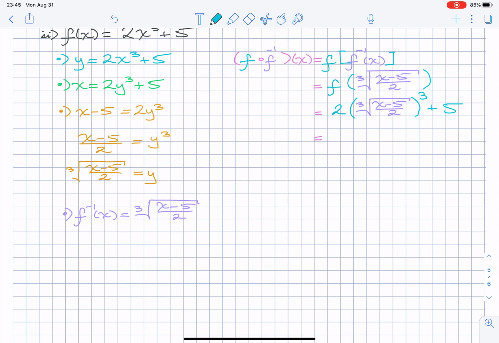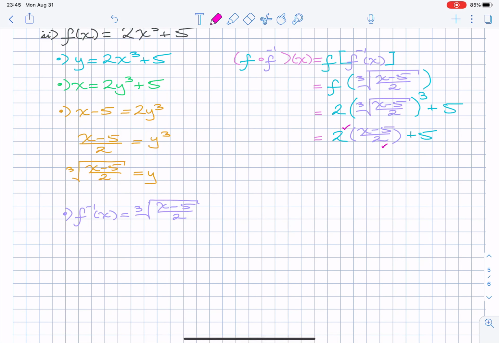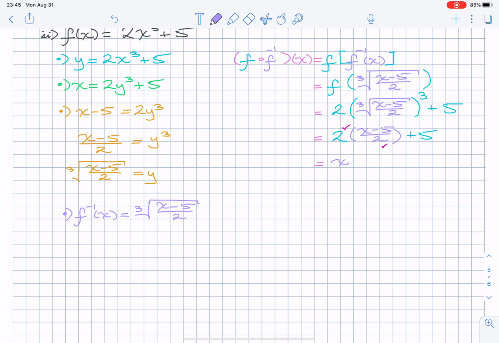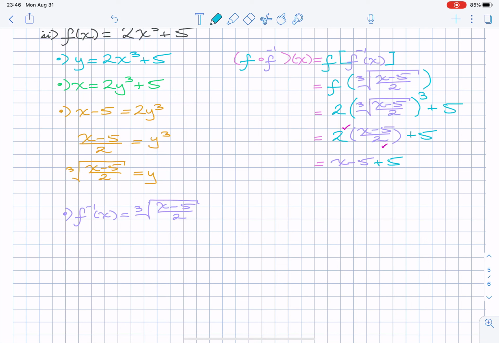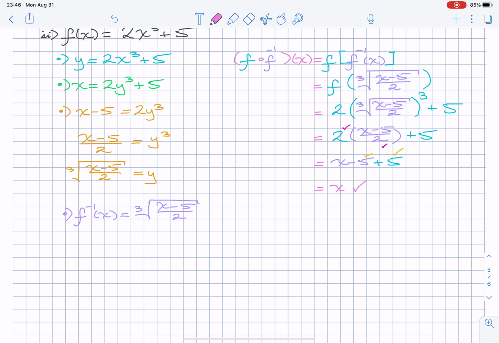So this is going to be 2 times the fraction x minus 5 over 2, to which we're adding 5. So note that the 2's reduce. So we are left with the numerator, x minus 5, to which we are adding 5. So now these two sum to 0, and voila, we are left with x, check mark.